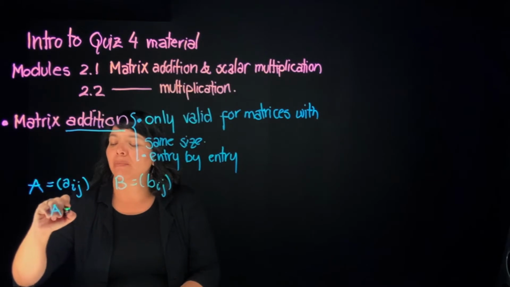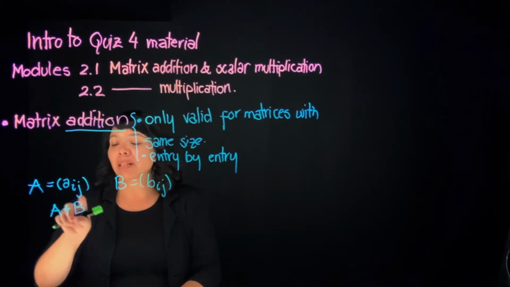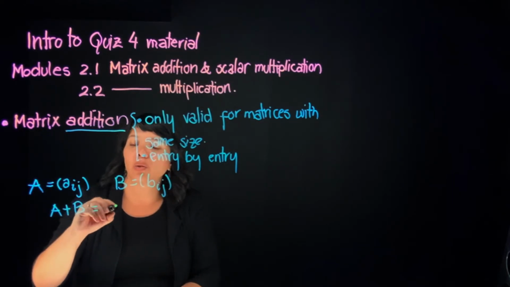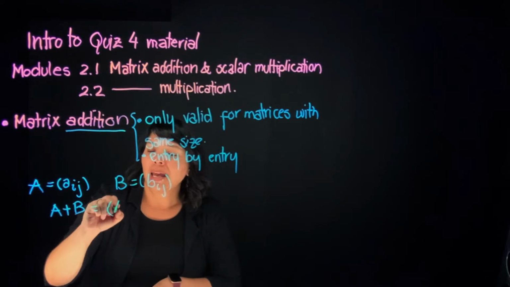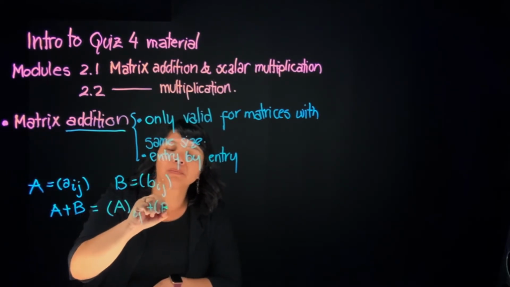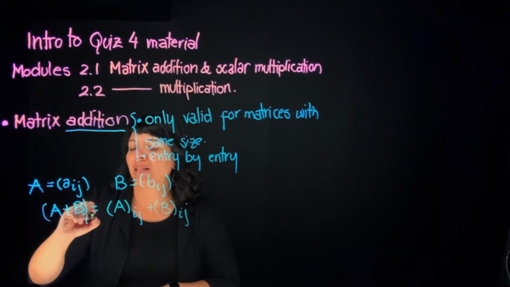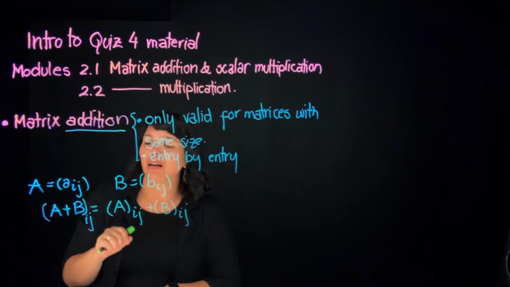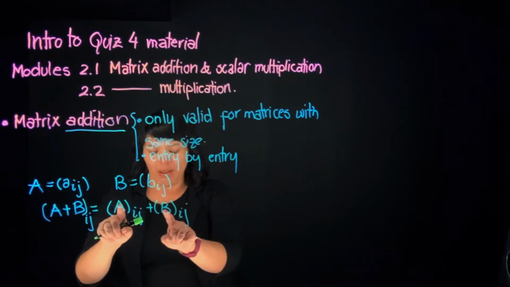A plus B is going to be my new matrix, and the entries for A plus B are just a_ij plus b_ij. By that I mean the entries ij of the addition of my two matrices are going to be component by component.